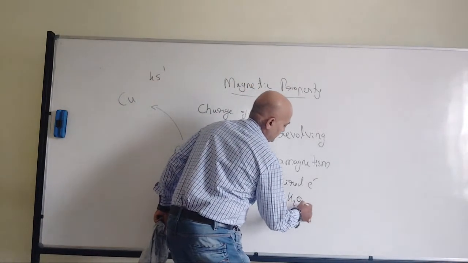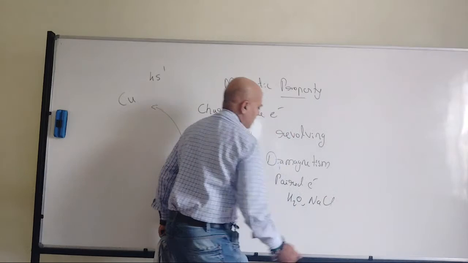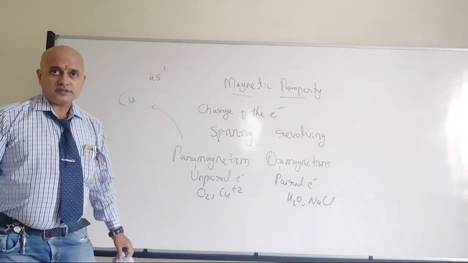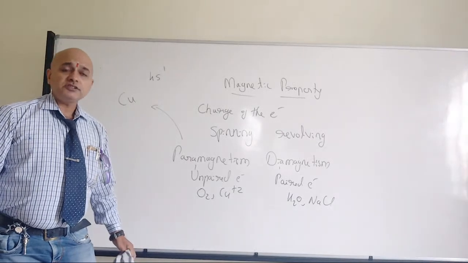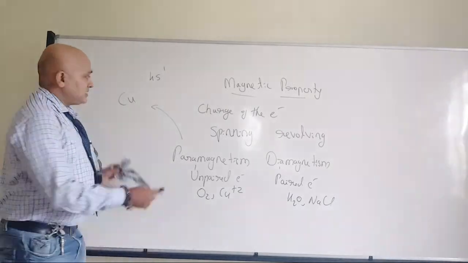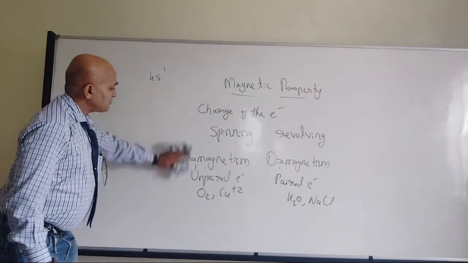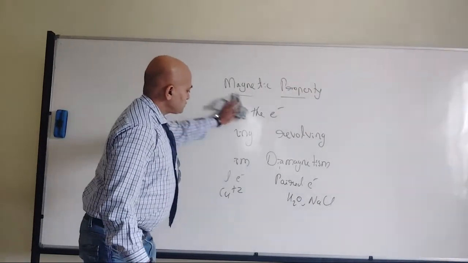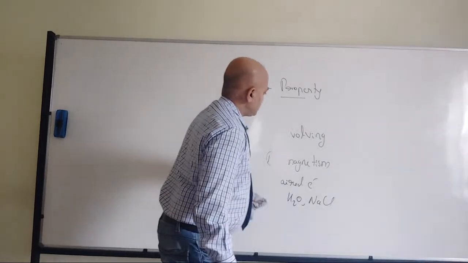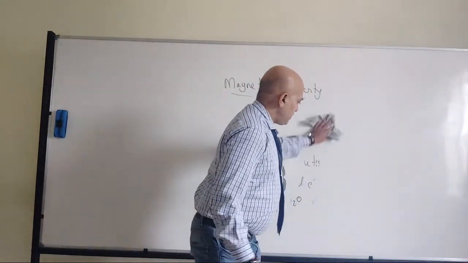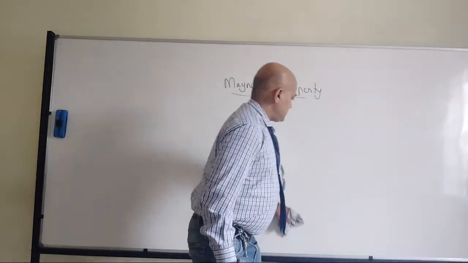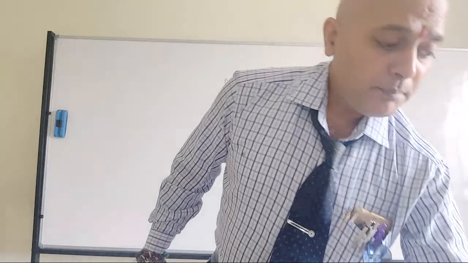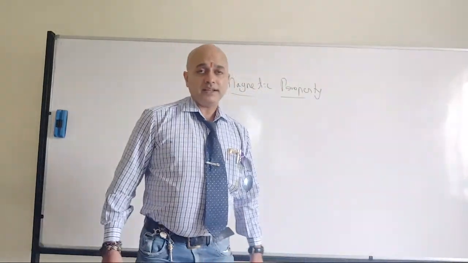So water and NaCl are some of the examples of diamagnetic compounds. All of you have understood? Fine. So here we are restricting ourselves to electrons belonging to a particular energy level, that is, the outermost energy level. Here we are focusing on that when it comes to paramagnetic and diamagnetic.